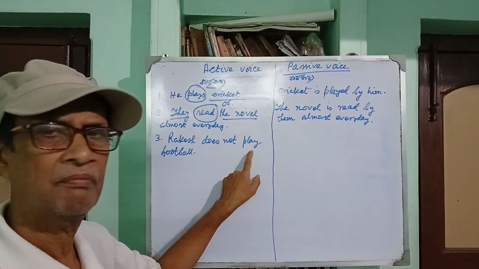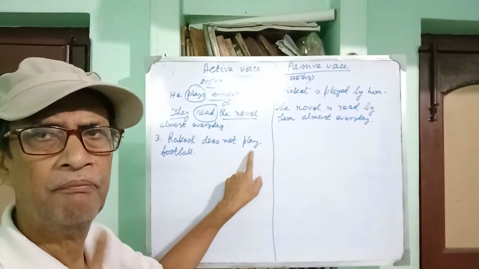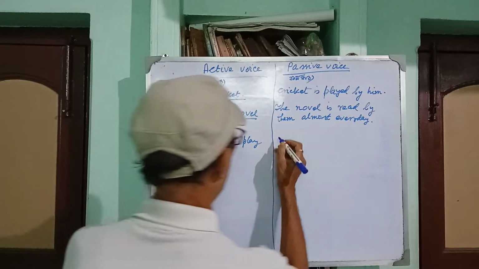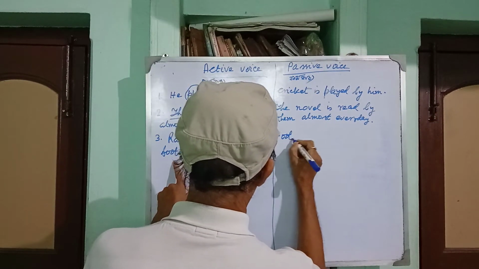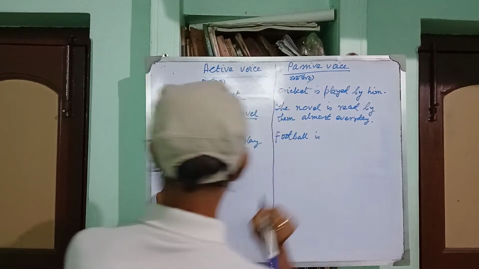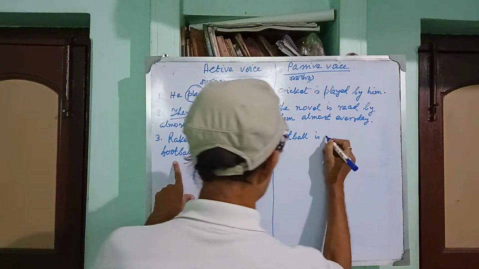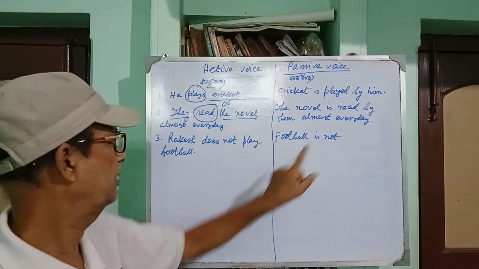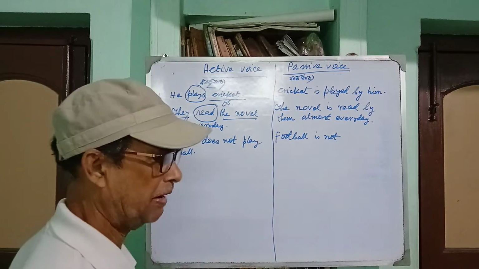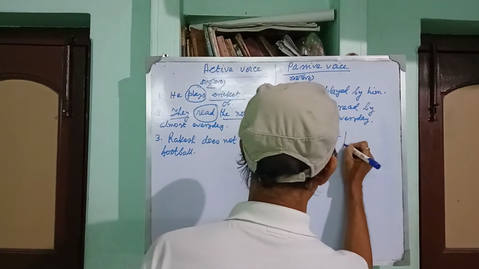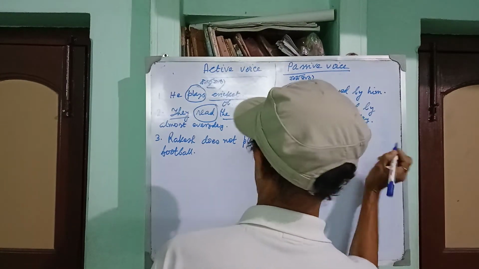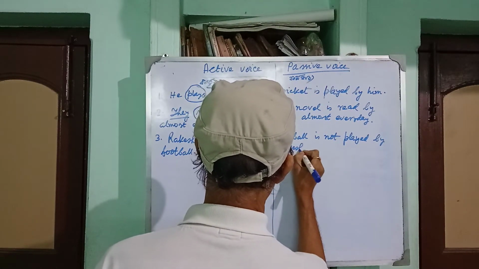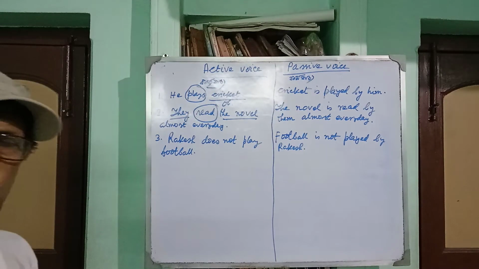Ask the finite verb what, and it will give you the answer, football. So let us pick up football. Football is not, as it is a negative sentence you will have to use not. Football is not played by Rakesh. Okay.